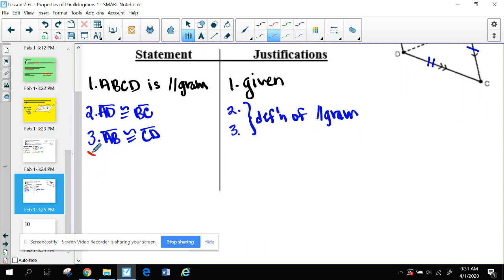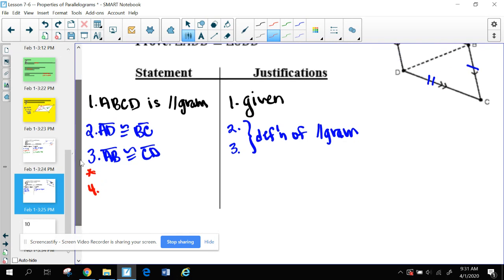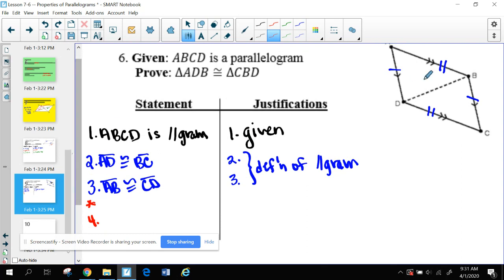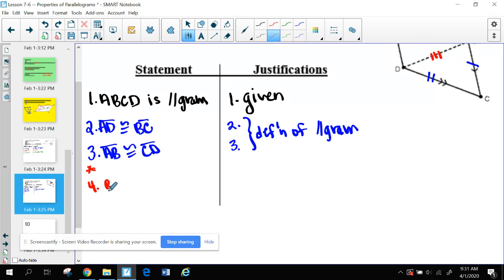So from here down, right, step 4, I could take a look at this picture and realize that they share a common side. And so I could say that BD is congruent to itself by the reflexive property.